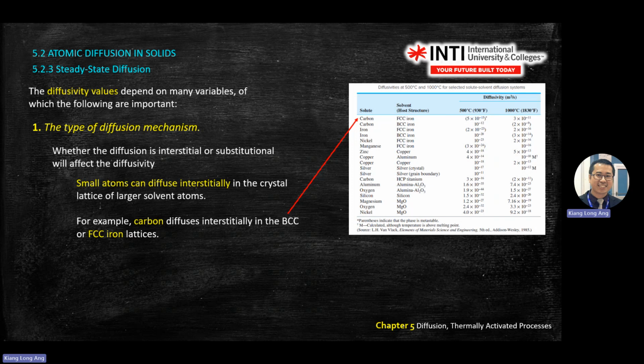If the question says carbon in iron, you refer to this table and use carbon in iron, the first row, at 500 degrees C. If you use copper in copper, it's a self-diffusion mechanism. It's self-diffusion.